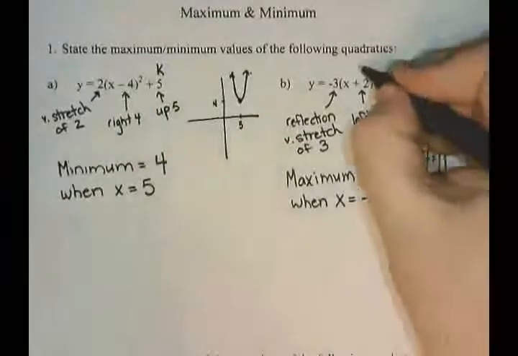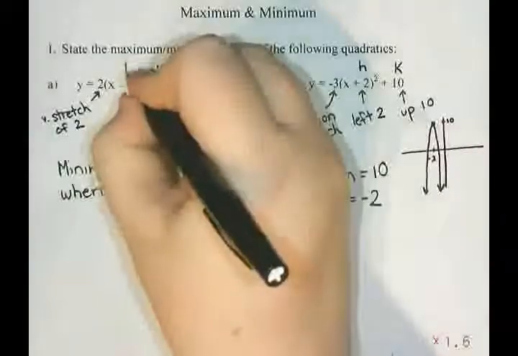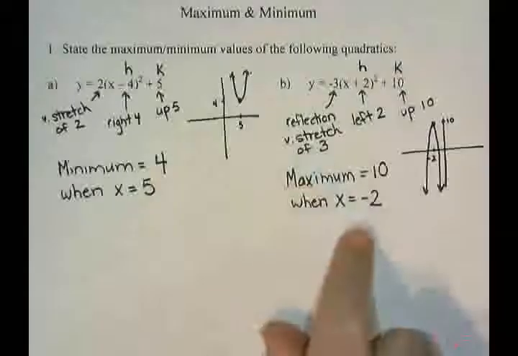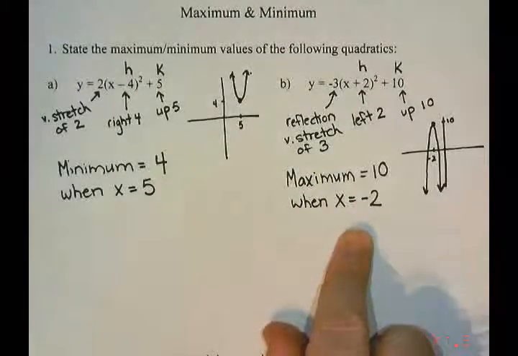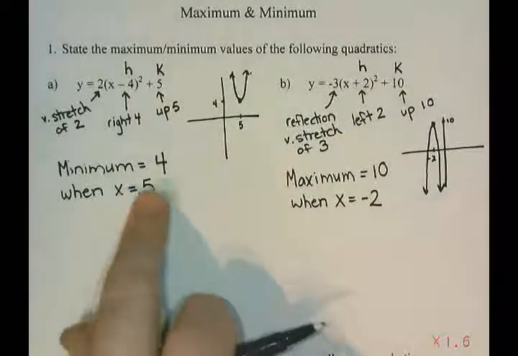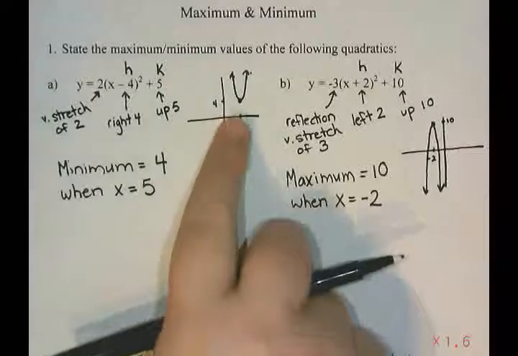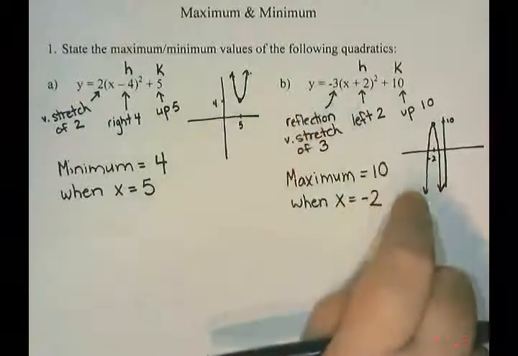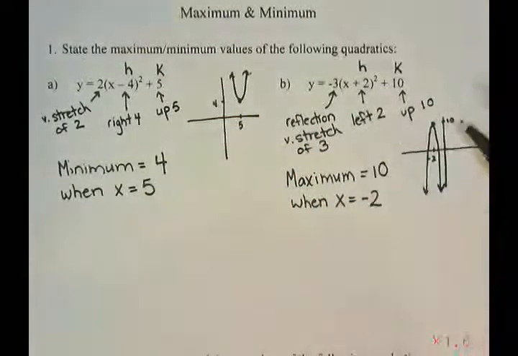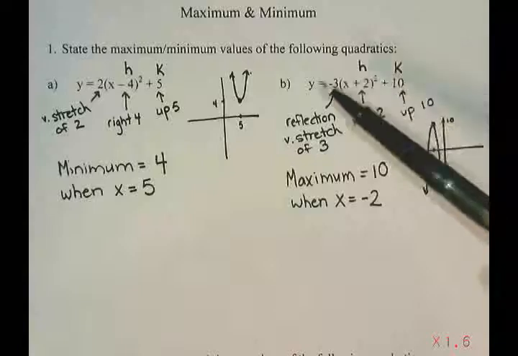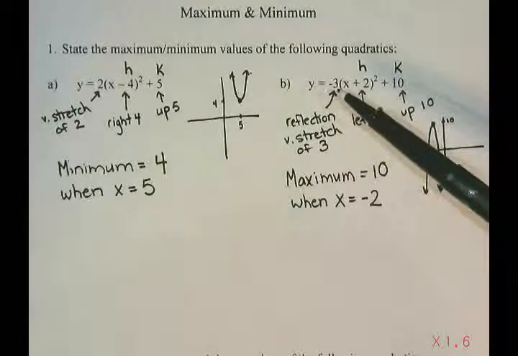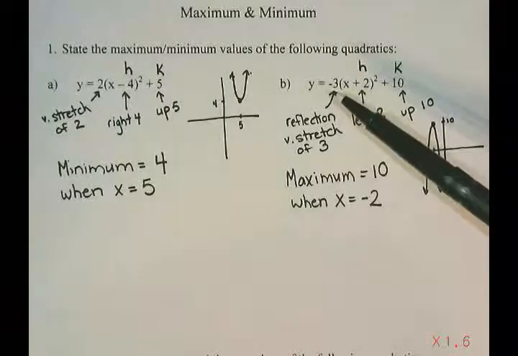So that is normally h. So this appears to be negative h. It has the opposite. And whether it's a maximum or a minimum really depends on whether my graph is right side up or upside down. And what flipped this graph upside down was that negative in front right there that made it a reflection.